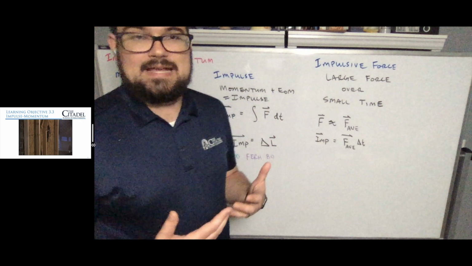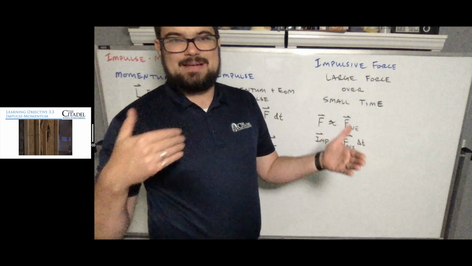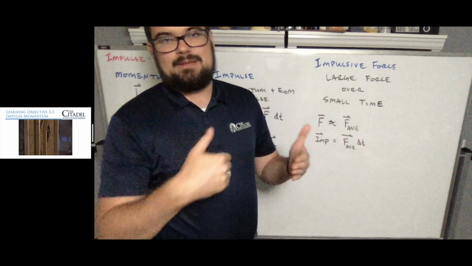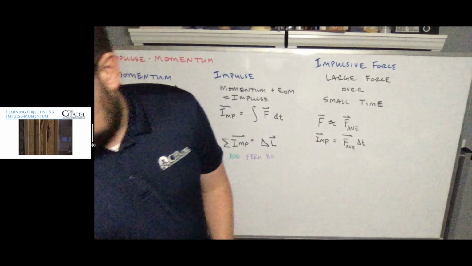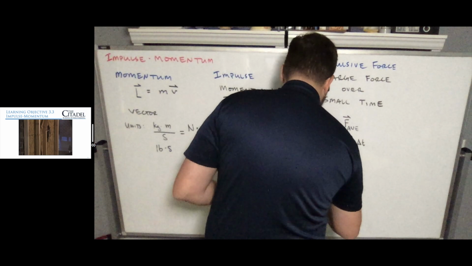Our cell phone cases are another example of a technology intended to increase the time of the impact so that the impulsive force can be less by increasing the change in time. This also brings us to non-impulsive forces.